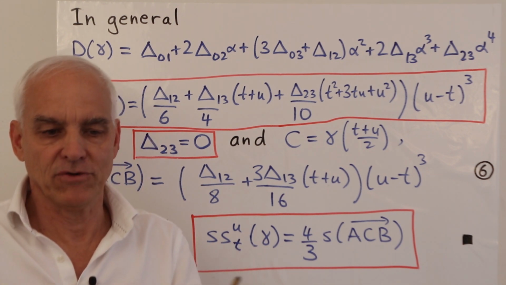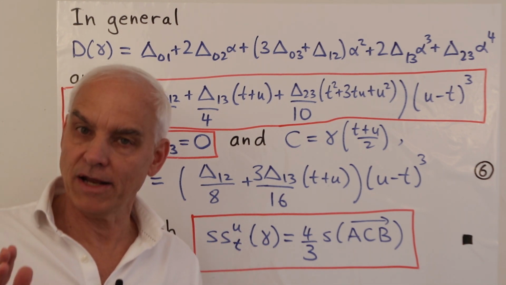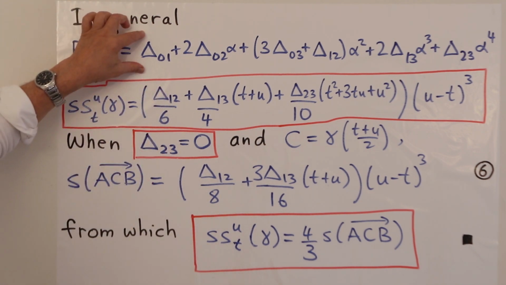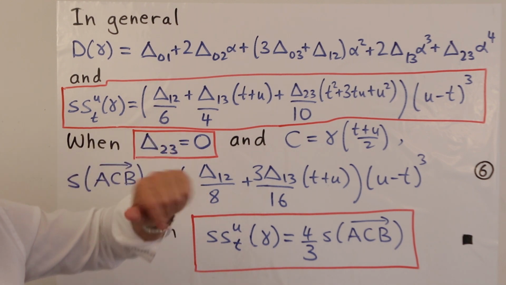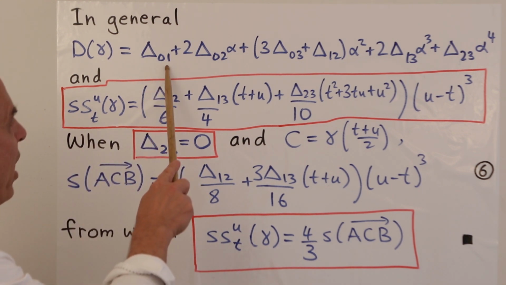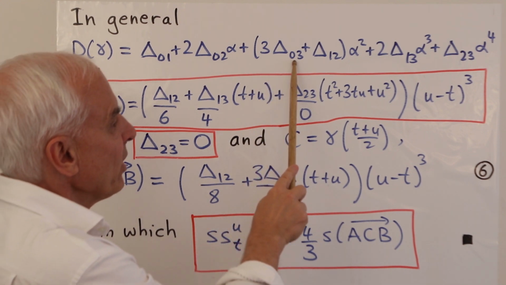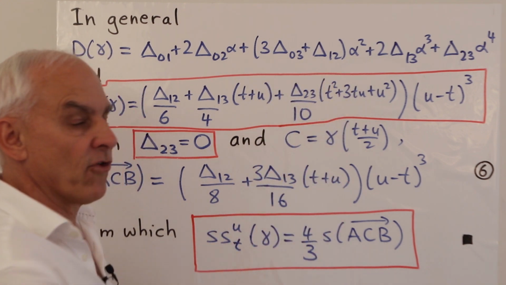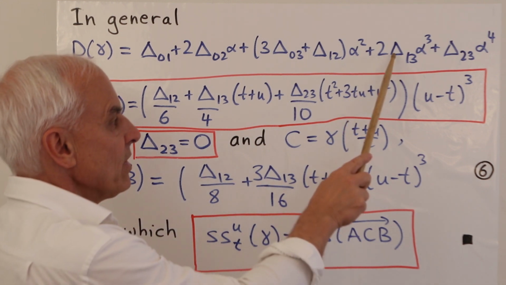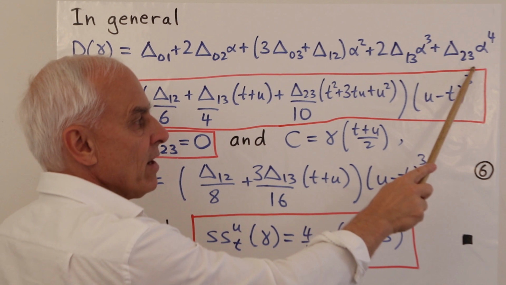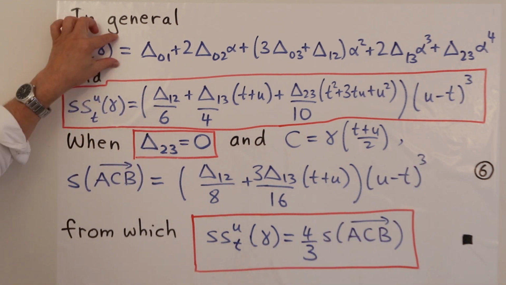That's the quantity that we have to Faulhaber integrate in order to get signed area. So it turns out to be a reasonably pleasant expression, especially when you use these delta objects. So there's delta 0,1 plus 2 delta 0,2 alpha plus 3 delta 0,3 plus delta 1,2 times alpha squared plus 2 delta 1,3 times alpha cubed plus delta 2,3 times alpha to the fourth.